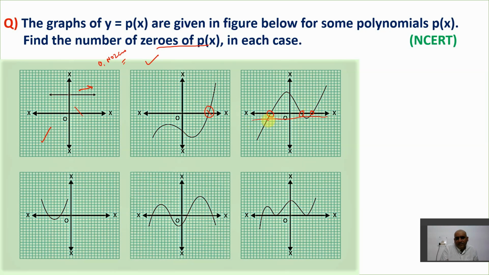So these 3 points are where the graph touches the line. That means the degree will become 3, or zeros will become 3. 3 degree means 3 zeros, 2 degree means 2 zeros, 1 degree means 1 zero. Clear?